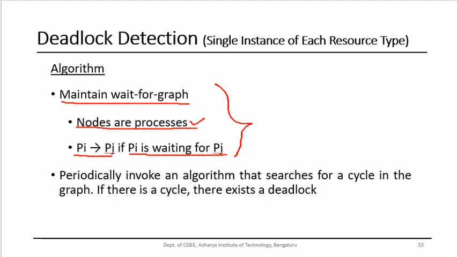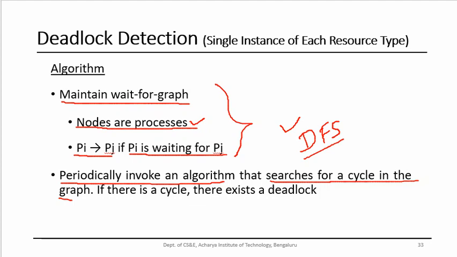So you have to maintain this data structure and periodically invoke this algorithm which searches for a cycle in the graph. You can use DFS. How DFS helps us to find the cycle in the graph is beyond the scope of this syllabus.